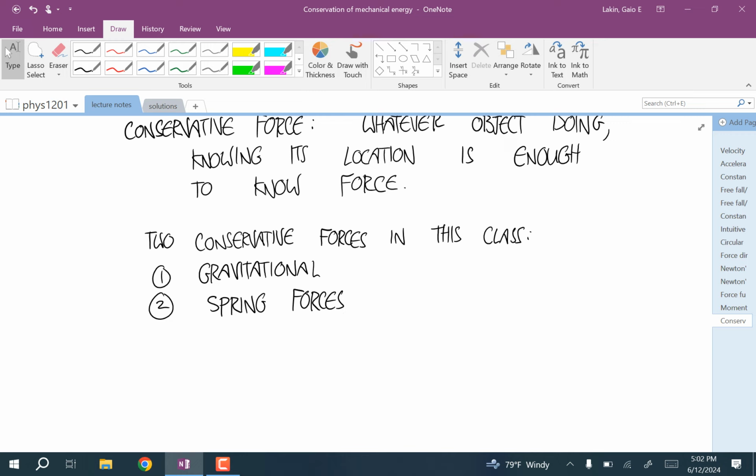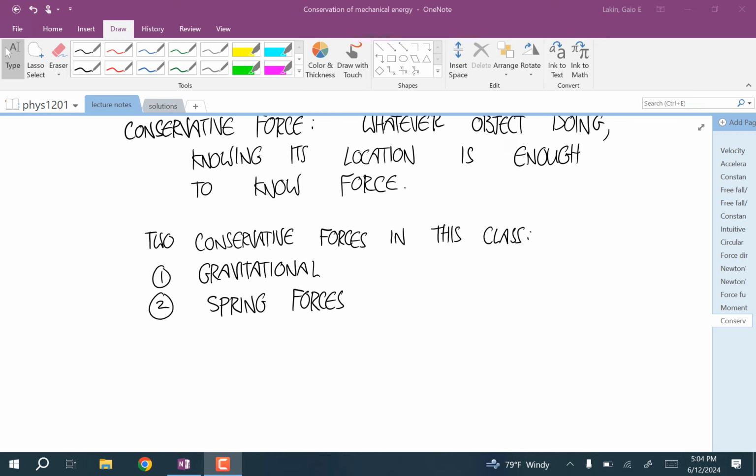Like for example, a normal force. If an object's resting on a surface, there's a normal force that's the surface pushing up on that object. But now if I push my hand down on the object, the surface is having to apply a bigger force to keep it from sinking into the surface. So even in the case of a normal force pushing up on an object, it can be at that same location and I can cause it to change.